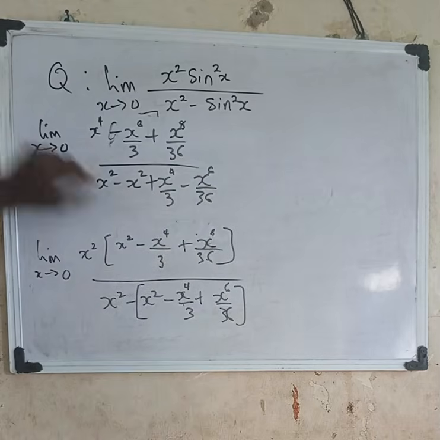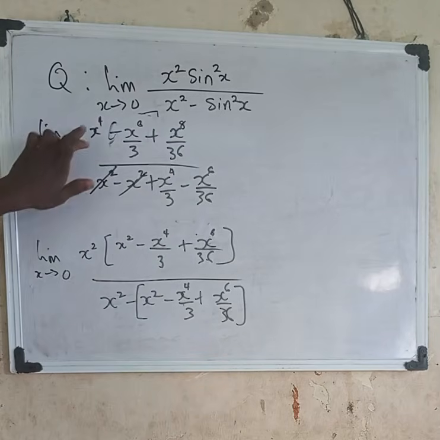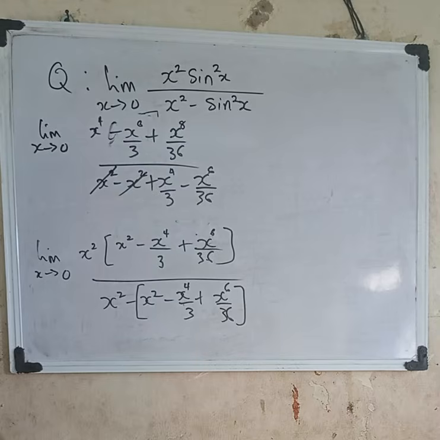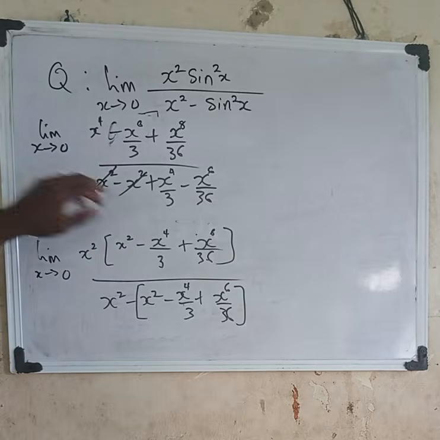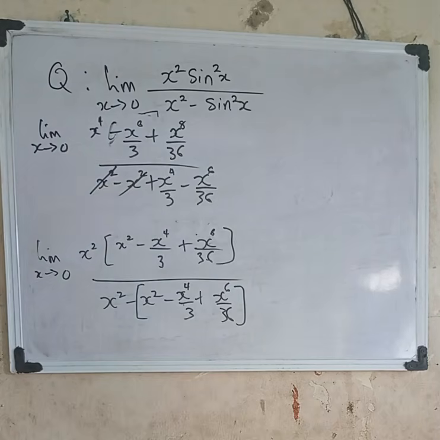Now notice that this cancels this out. Are you with me? At this place we have x to the power of 4, x to the power of 6, x to the power of 8. So what are we going to do here now? We can't just plug in 0. So let us factor out the x to the power of 4 that is common here.